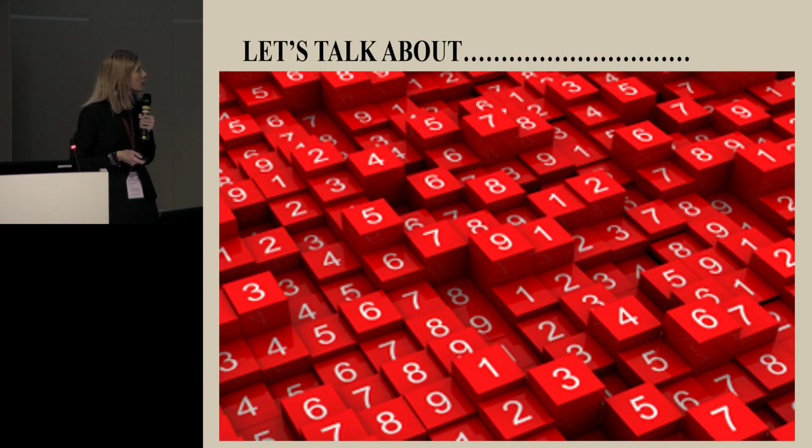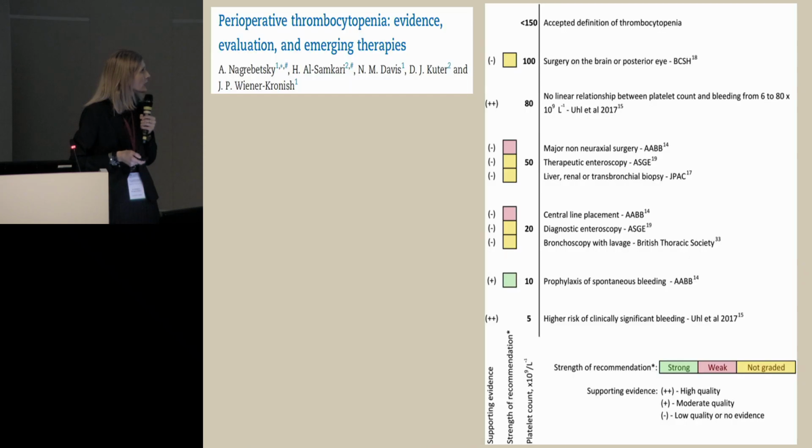Now let's talk a little bit about the numbers, because we know that platelets are low in ICU patients. The problem is when we need to give prophylactic platelet transfusions, before which maneuvers we need to supplement the platelet counts. We know that spontaneous bleeding does not occur unless we have less than 10 giga per liter platelets.